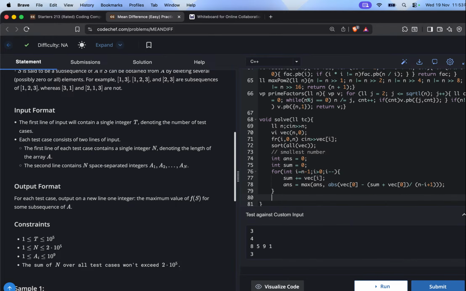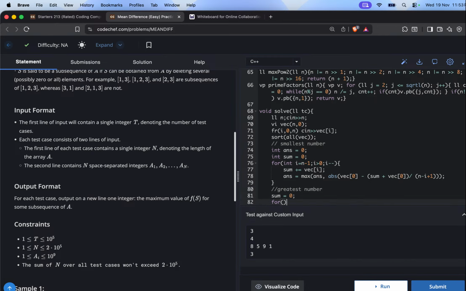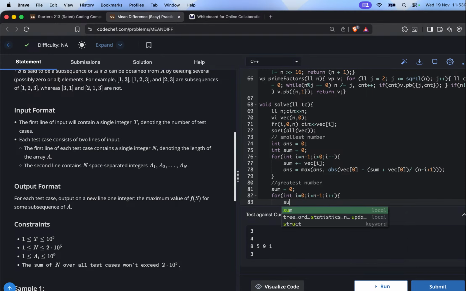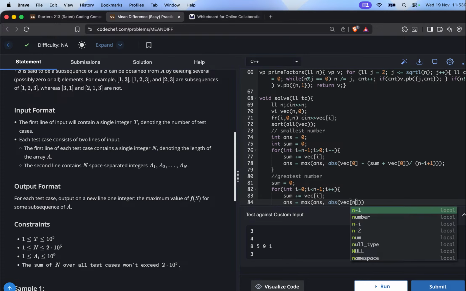Now choosing the greatest number. The sum is 0 again. And what is the size in this case?